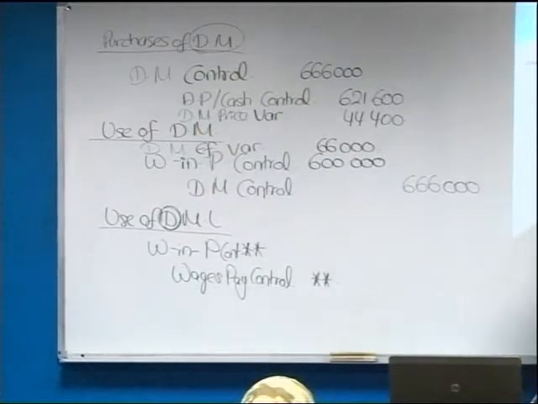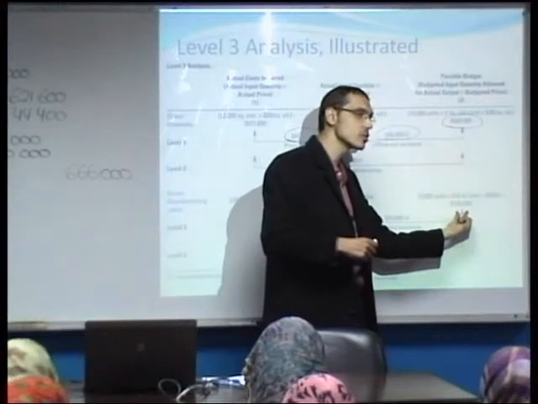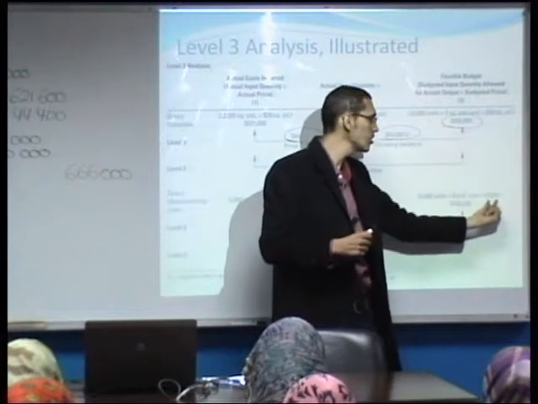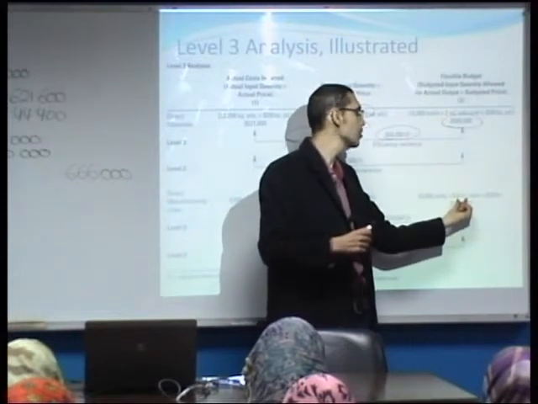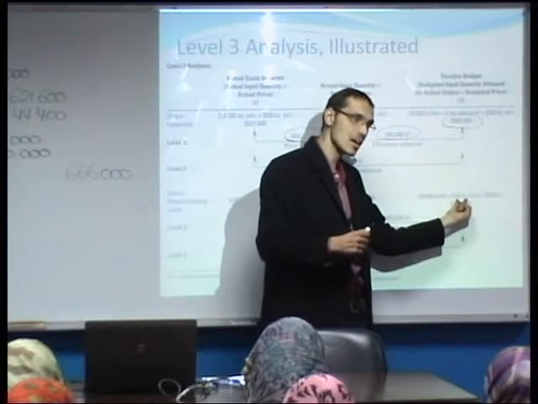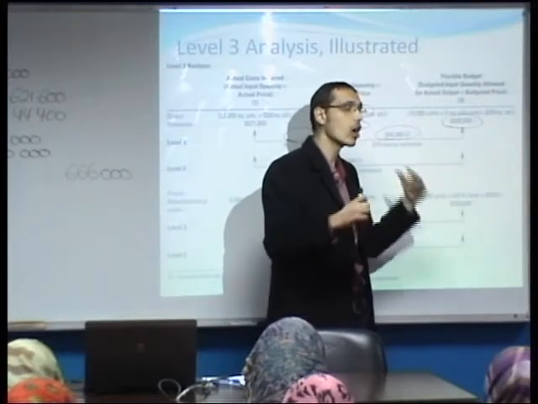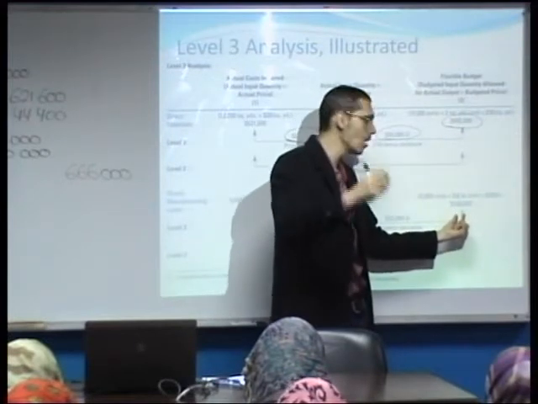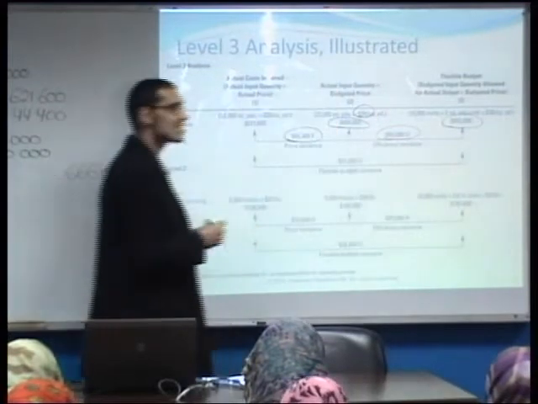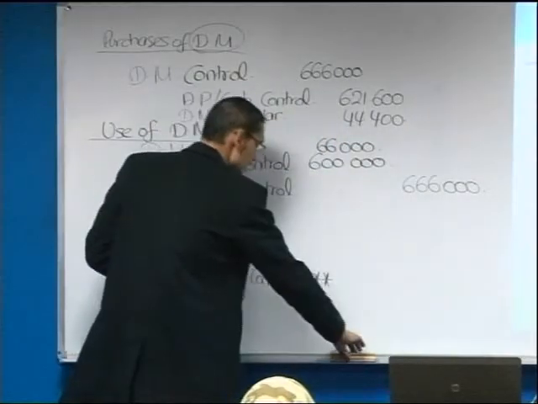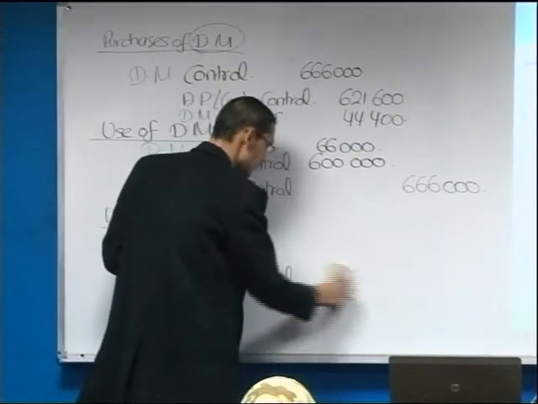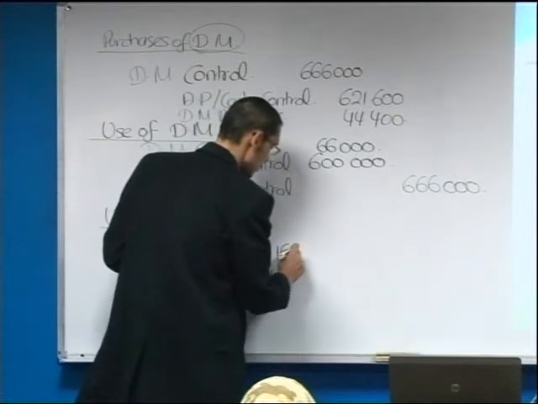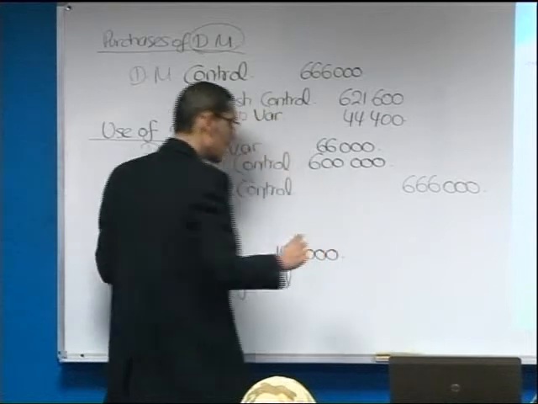Therefore, we are going to recognize the $160,000 here. We are going to recognize the $20 per hour as a standard, and the 0.8 hours per unit as the quantity standard. Therefore, we are going to debit the work in process control account by this amount, $160,000, because this is the amount that should have been considered according to our expectations.